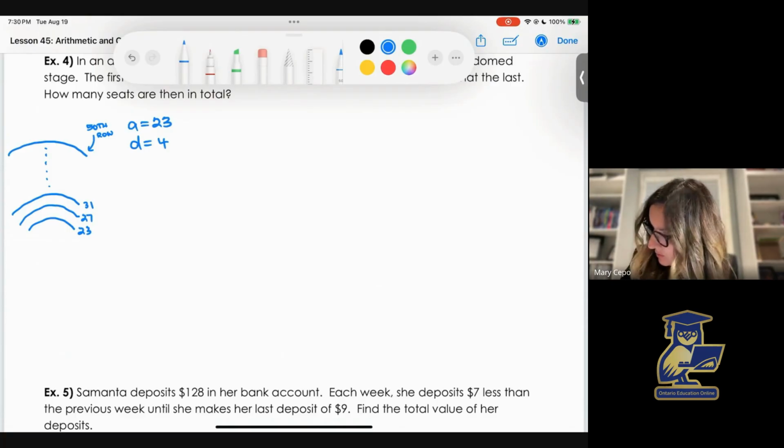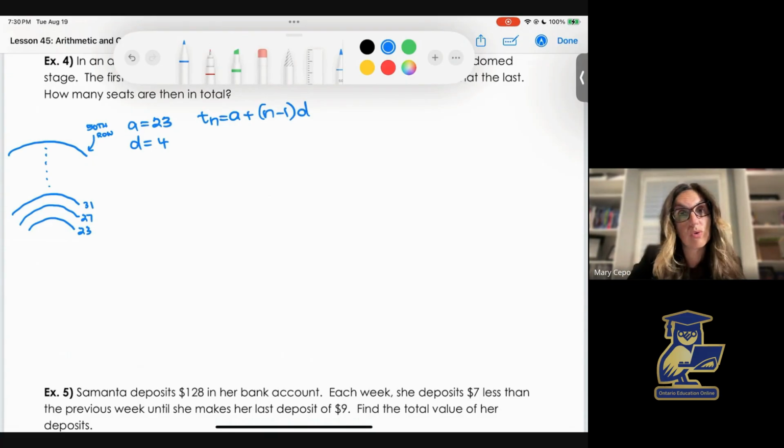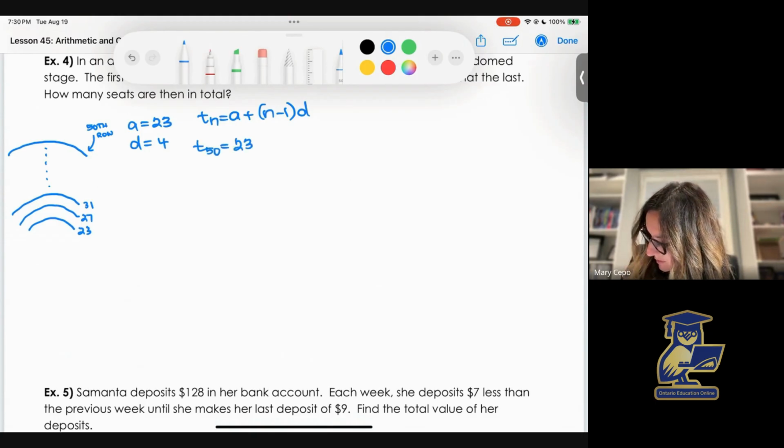So we know t sub n is equal to a plus n minus 1 times d. We know that there's a total of 50 rows, so we need to know how many seats are in that 50th row. To do that, we use 23 plus 50 minus 1 times that common difference of 4.